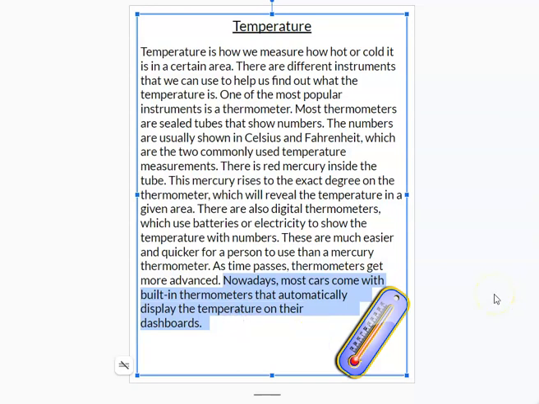Nowadays, most cars come with built-in thermometers that automatically display the temperature on their dashboard. That didn't give me much information either, so I'm going to go back to the sentence that has the word advanced. As time passes, thermometers get more advanced. Nowadays, most cars come with built-in thermometers that automatically display the temperature on their dashboards.